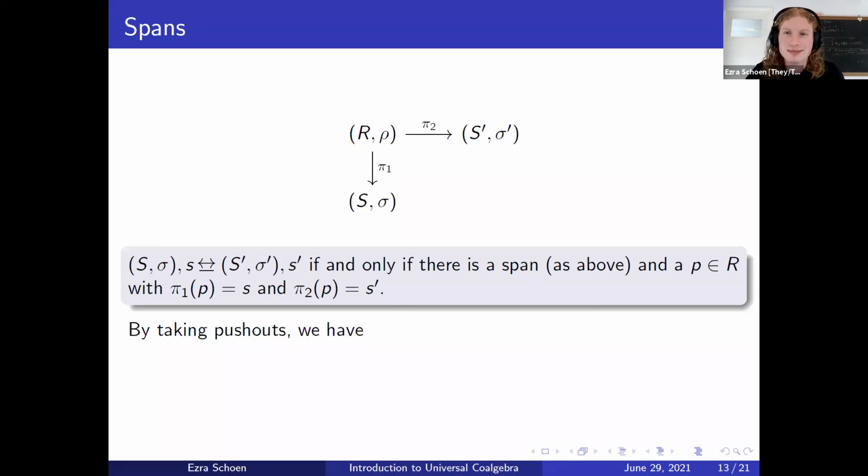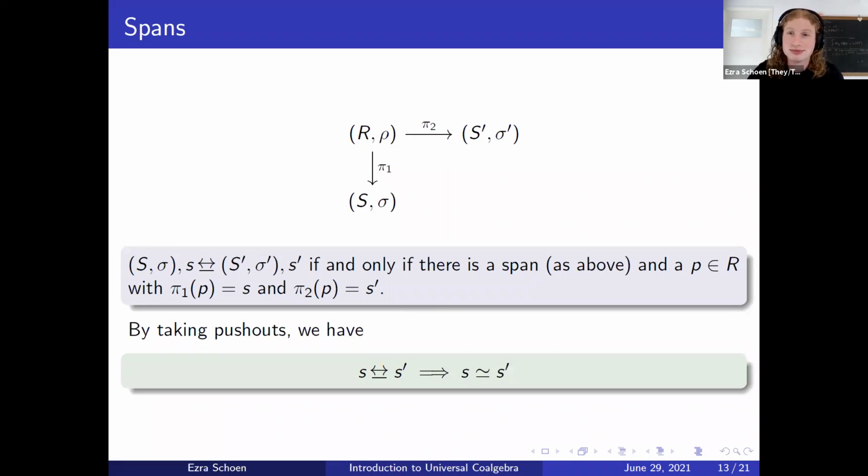And in fact, like I said before, there are pushouts in this category, and so if you take the pushout of this span, then you get a co-span where these S and S prime are identified. So if two states are bisimilar, then they are definitely also behaviorally equivalent.